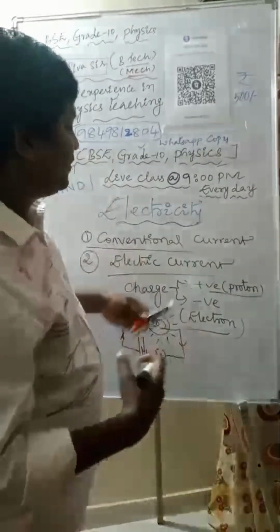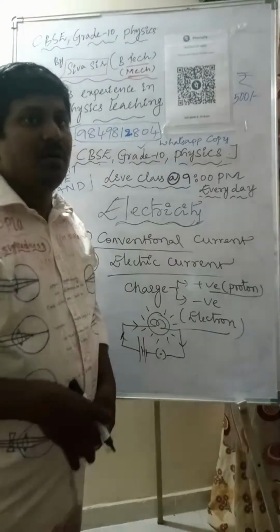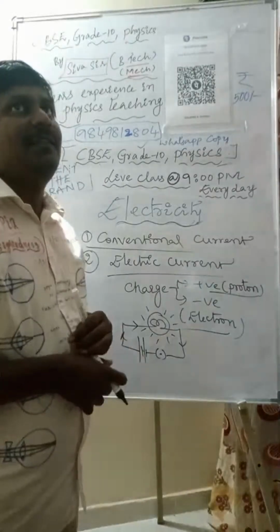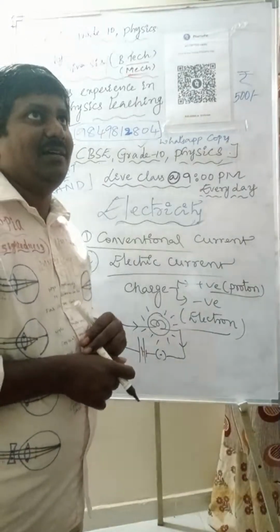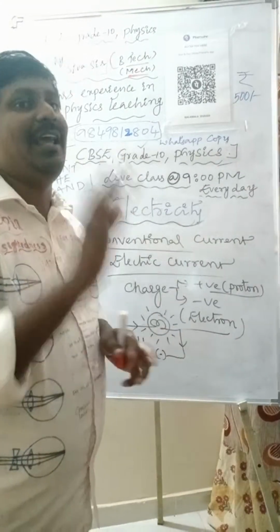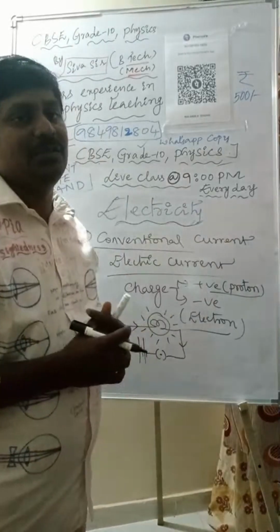But after discovering the proton and electron, they understood that by the flow of positive charges, current will not flow in the circuit. Only by the flow of electrons will the current pass through the circuit.